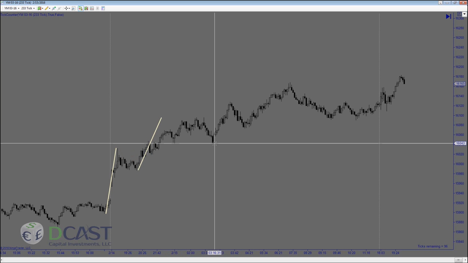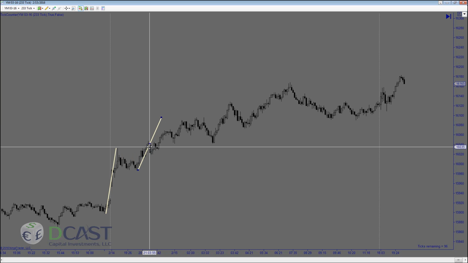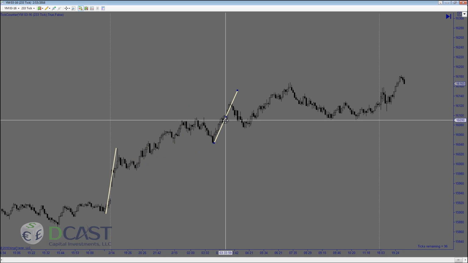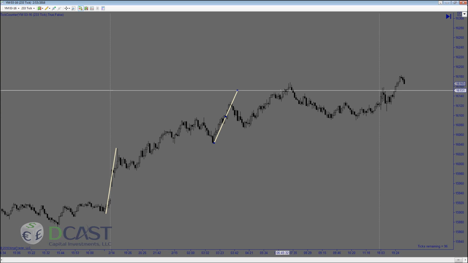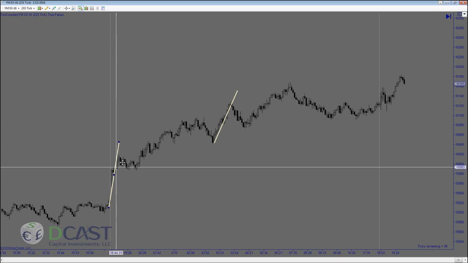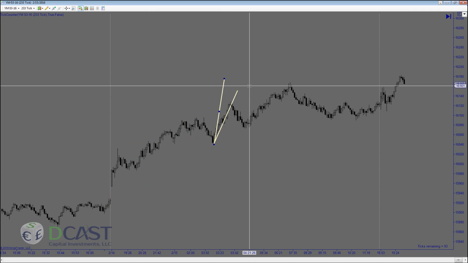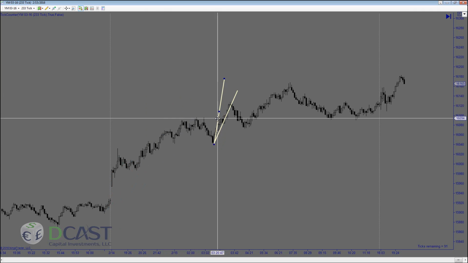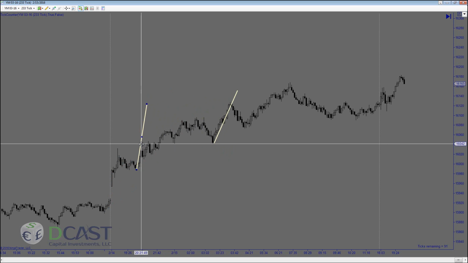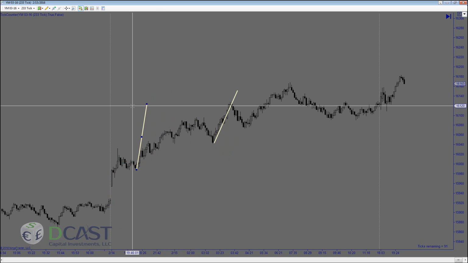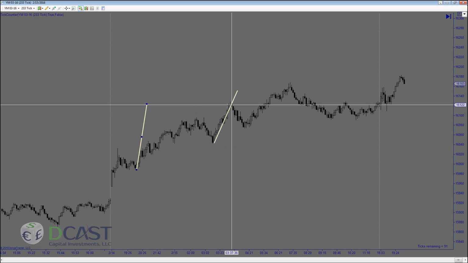And here I have areas that I'm particularly interested in for price to help me come up with areas where price should have a reaction.